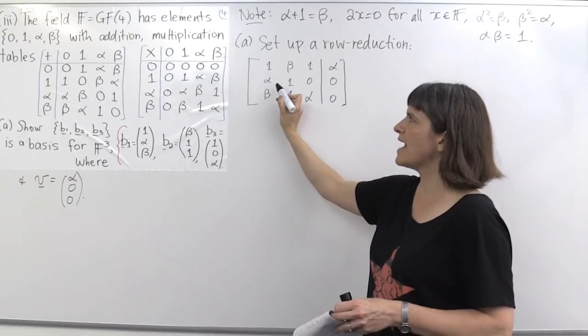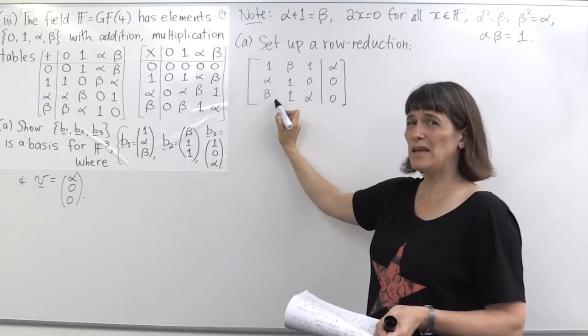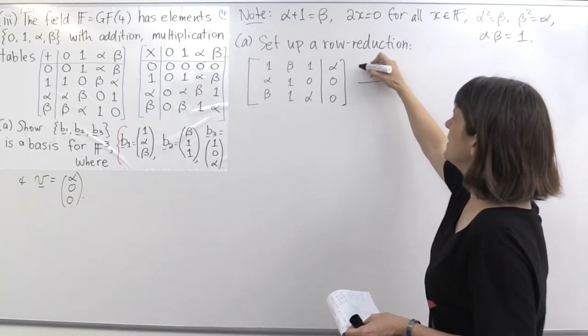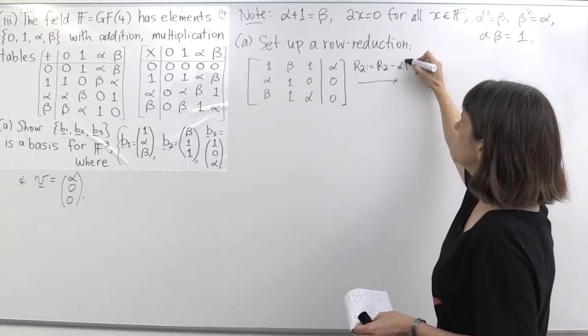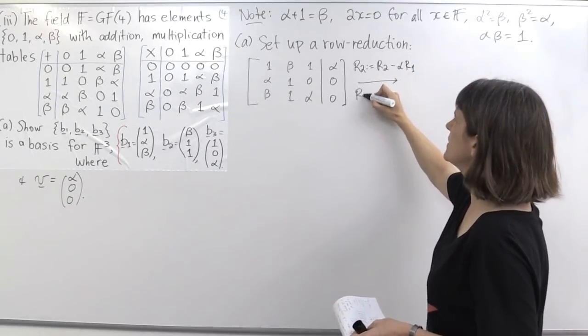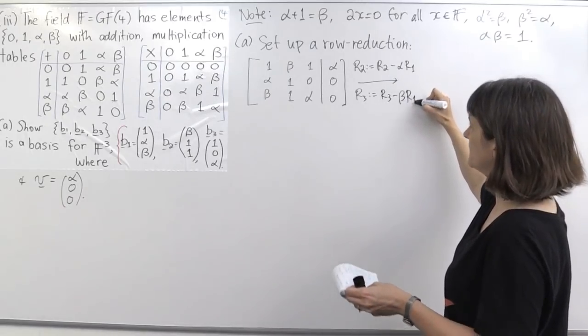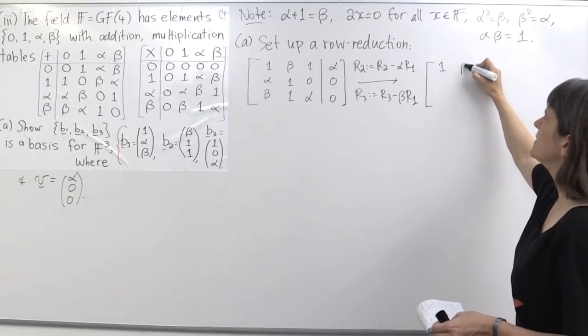So we're going to subtract alpha times row 1 from row 2, and subtract beta times row 1 from row 3. So row 2 becomes row 2 minus alpha row 1. Row 3 becomes row 3 minus beta row 1. How do you do that? Well, we could just write down the first row.